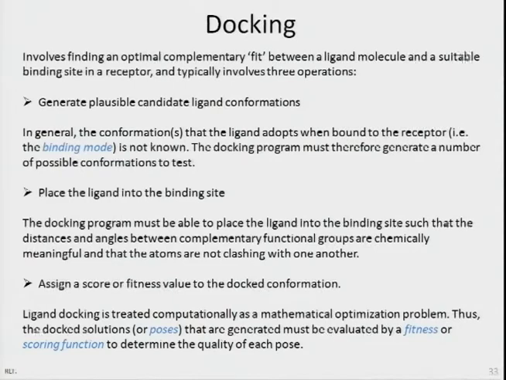There are lots of different scoring functions, but they tend to have a lot of things in common. In other words, they'll have terms that account for the hydrogen bonding. They'll have terms that account for the van der Waals, the hydrophobicity, and even some that will try to include terms for entropy. But in general, it's very, very difficult to predict the binding affinity a priori, just by looking at the docking score.